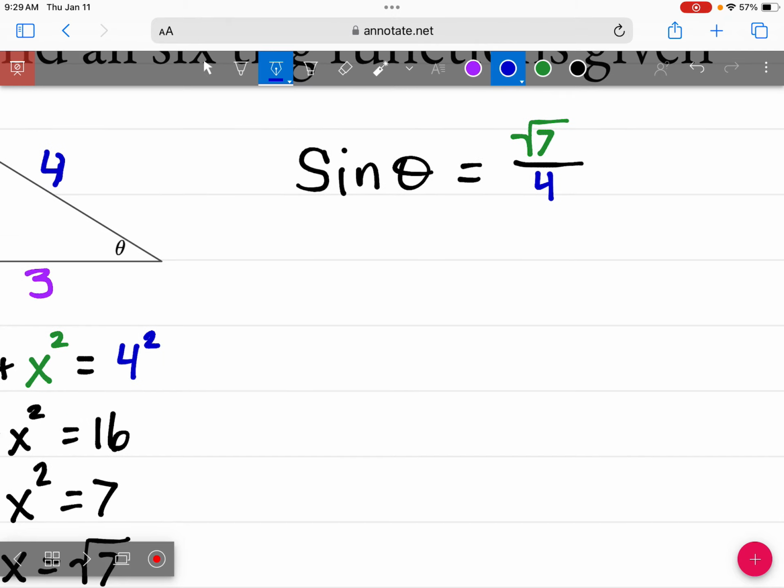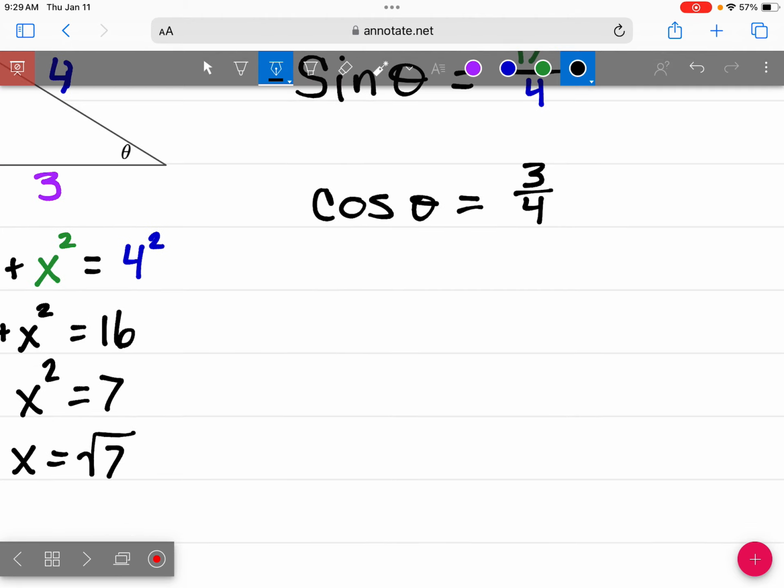Cosine, we actually know it's the one they gave us. It was 3 over 4. Tangent: square root of 7 over adjacent, over 3.